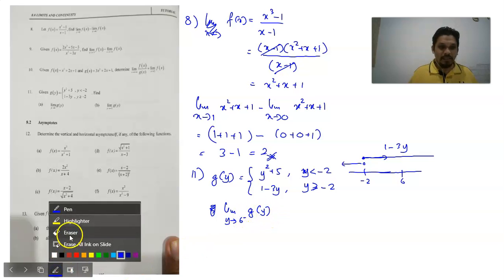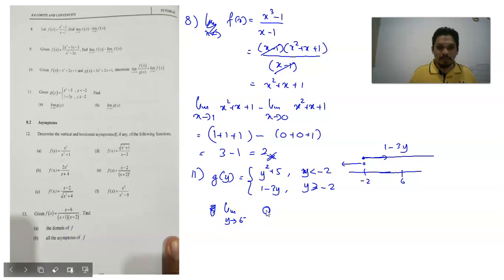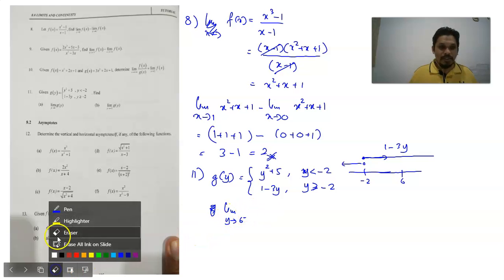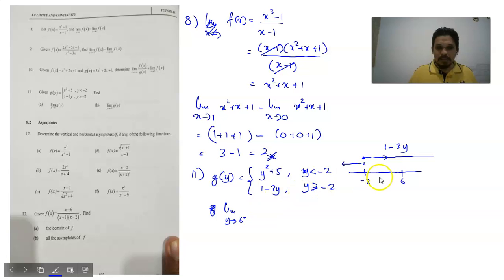please refer to the question directly. This is the domain of y greater than negative 2, including 6, so 1 minus 3y. If y approaches 6 from the left and y approaches 6 from the right, we are referring to this one function, 1 minus 3y.